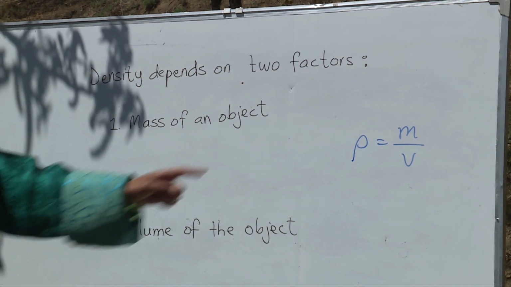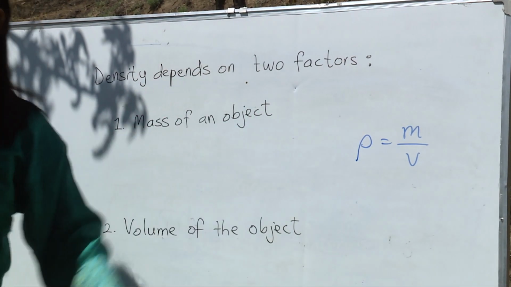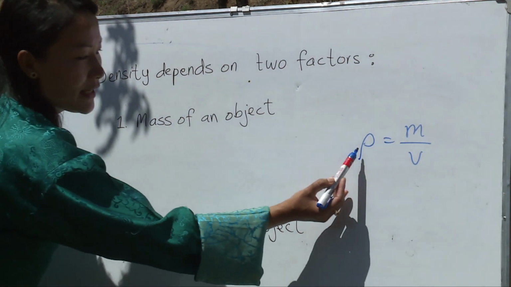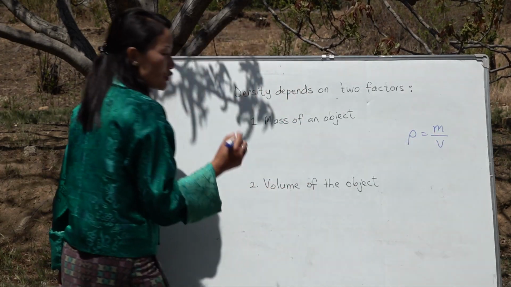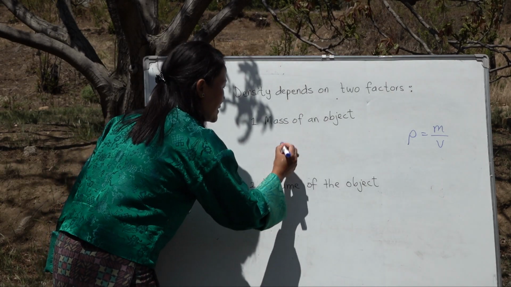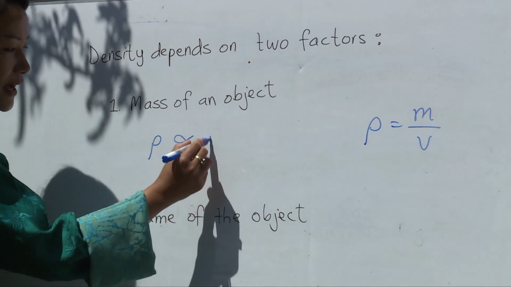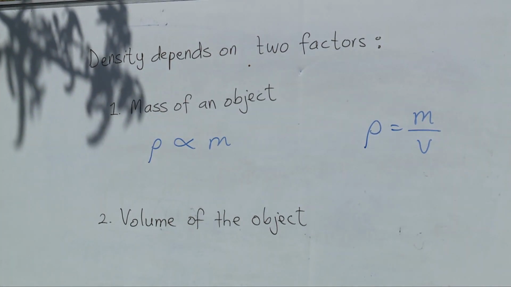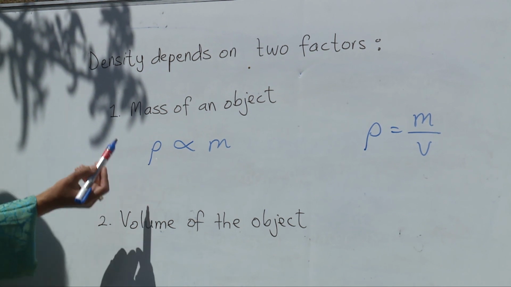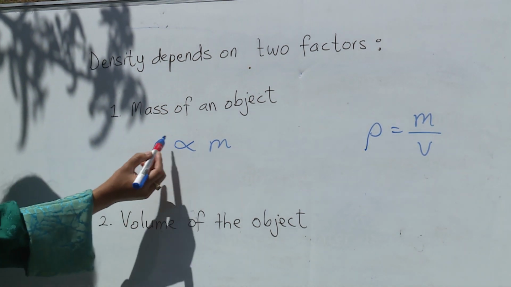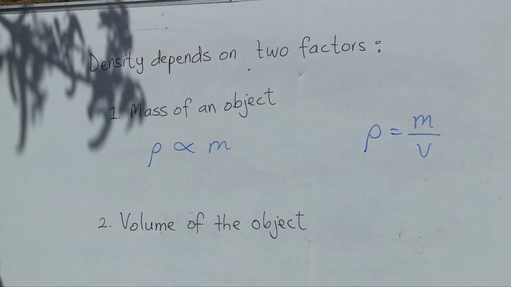Now how is density related to mass? Do you notice that here, density, mass? So how are they related? Density is directly proportional to mass. We read this as density is directly proportional to mass.